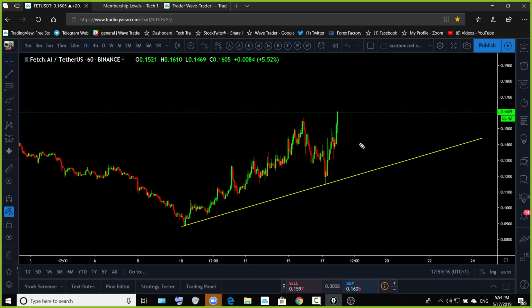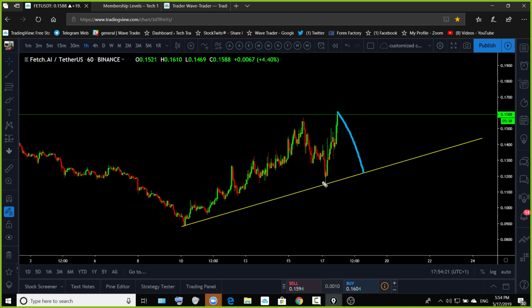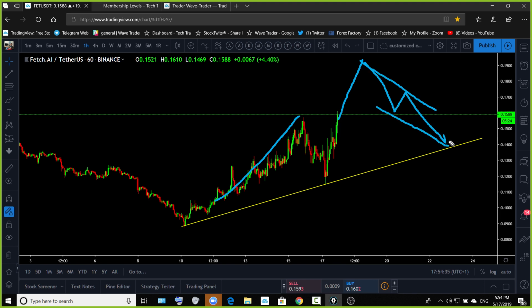What it can do is get down for one more drop back to that bottom, form that ABC move and then continue to go higher. Or you can let the price complete that next leg, let it correct, form that correction and then continue to go higher.